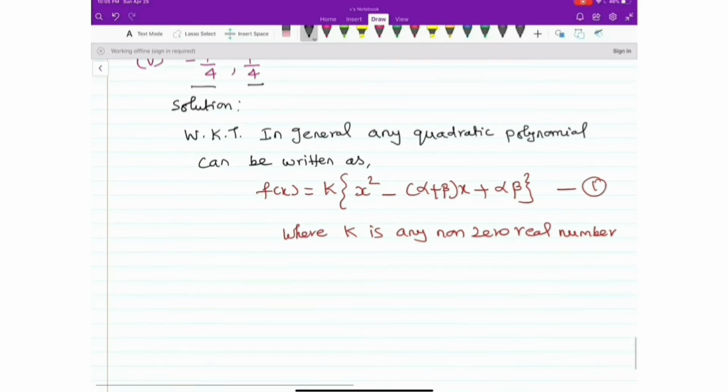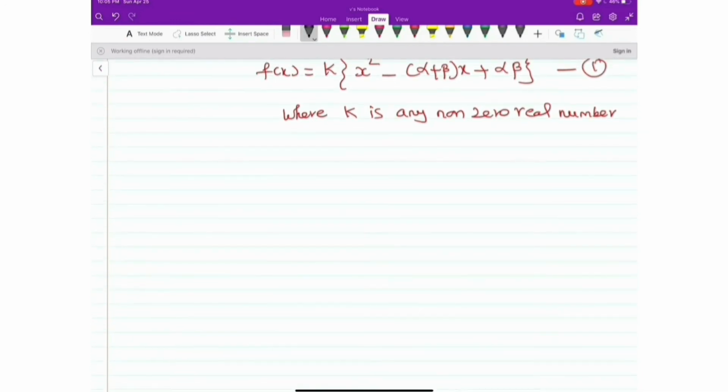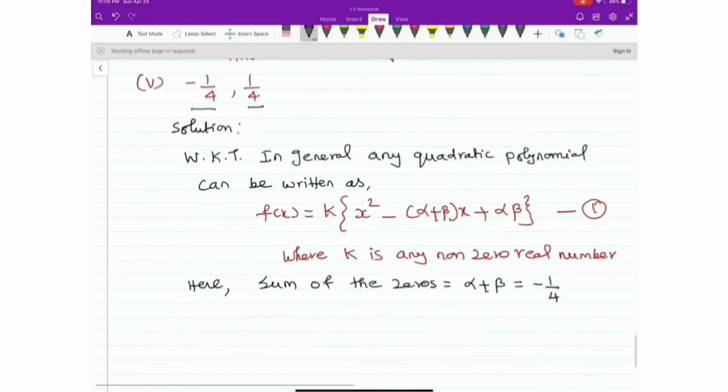What are the things given to us? Here, in this question, sum of the zeros is equal to alpha plus beta is equal to minus 1 by 4. That is what is given to you. Minus 1 by 4. And the product is 1 by 4.